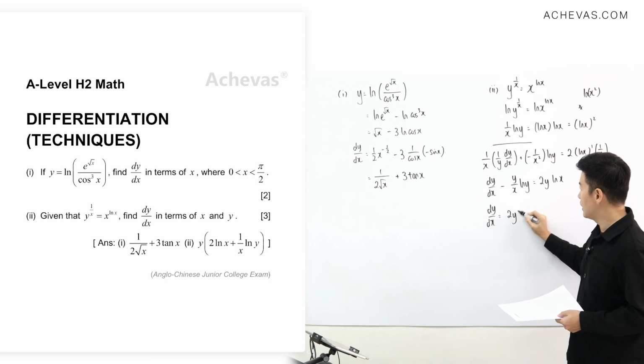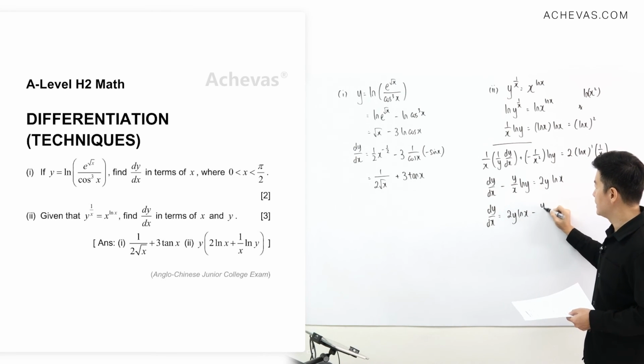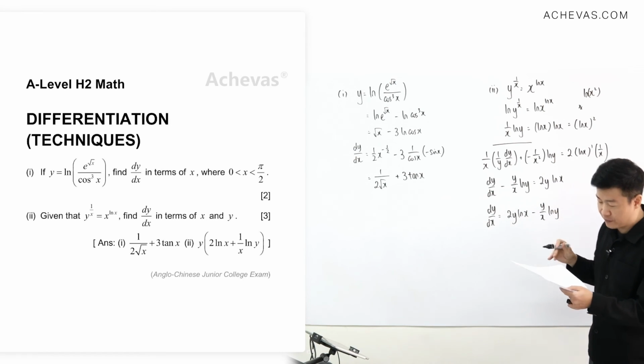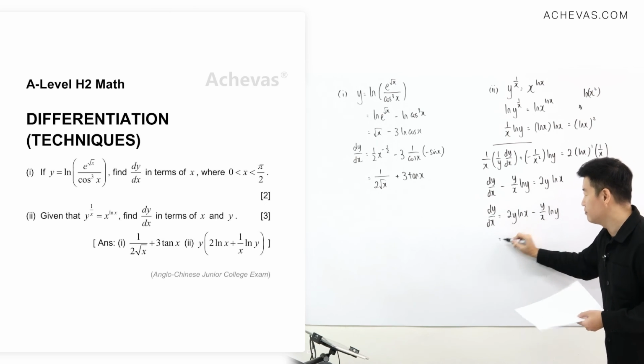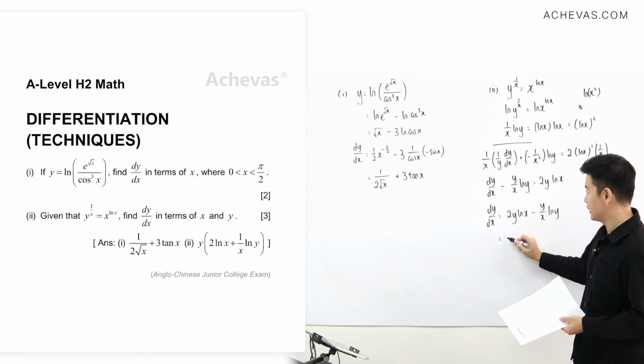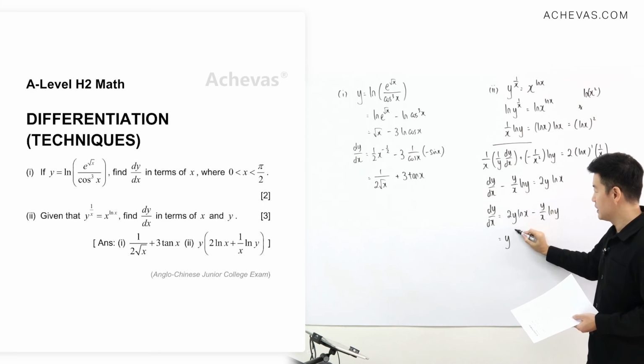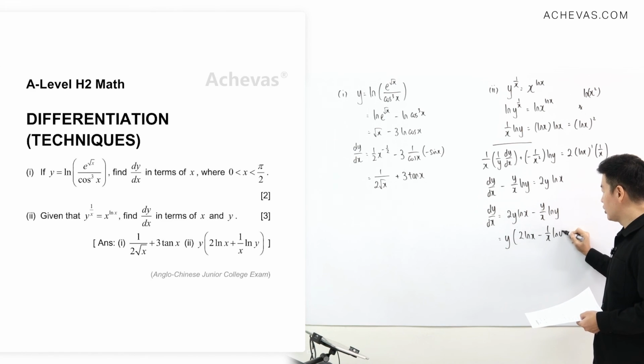This is 2y ln x minus y over x ln y. I think this is a good enough version as an answer. But I mean, it depends on you. We can also factorize out y, since it's the common variable on both the terms. This will be y times 2 ln x minus 1 over x, then ln y.